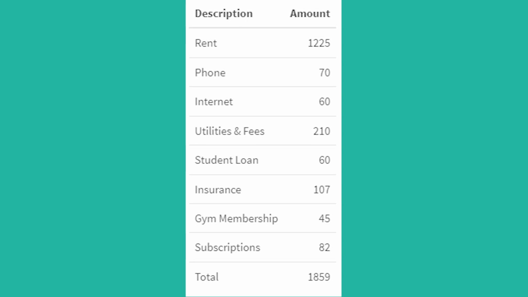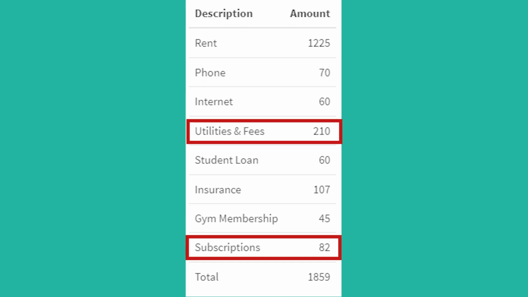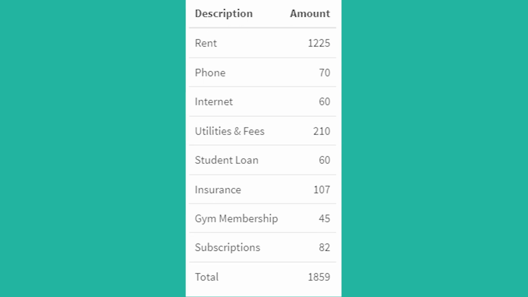In just a couple of seconds, a table of my fixed expenses by category is going to pop up here, with a column saying rent, utilities, subscriptions, and so on, and the amount. If all that's totaled up, it ends up becoming about $1,850.